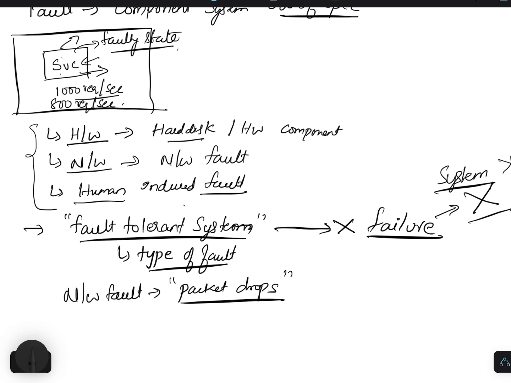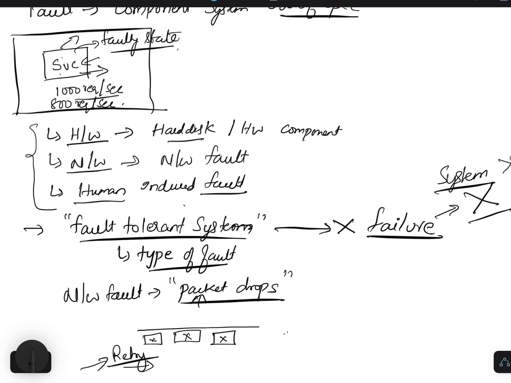We can monitor the packets that we are sending through the network, and at the receiver side monitor whether we have received all the packets that we have sent. If not, we can retry the transmission. This is known as a fault tolerant design. Here we are trying to tolerate a network packet drop, so this is one type of fault tolerant design to tolerate a network fault.